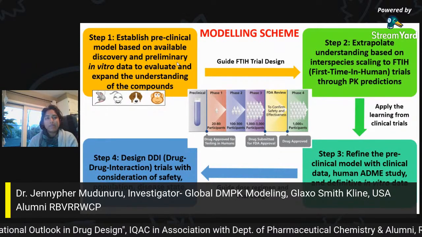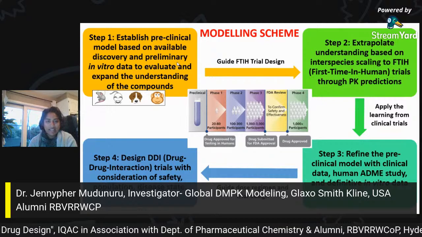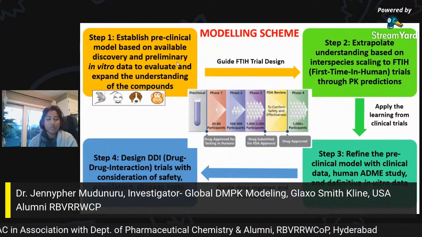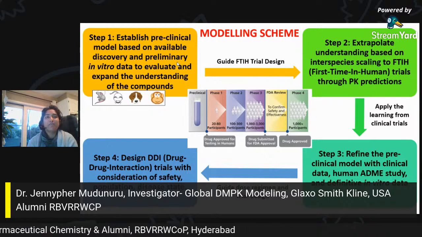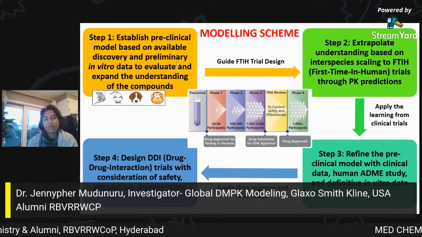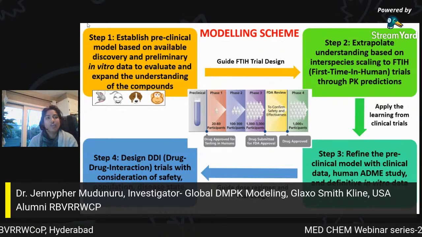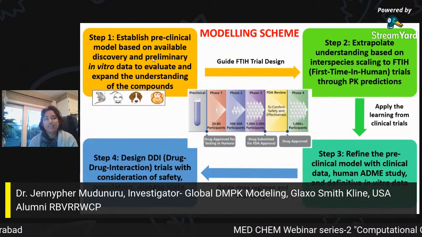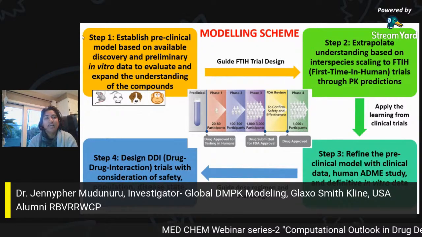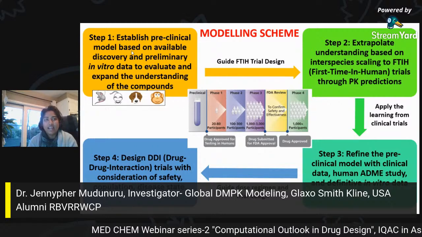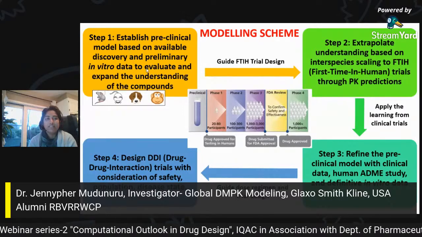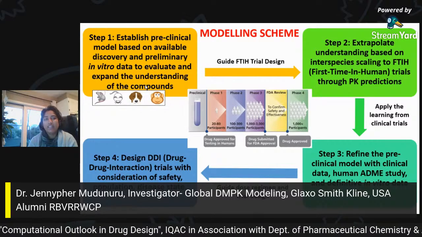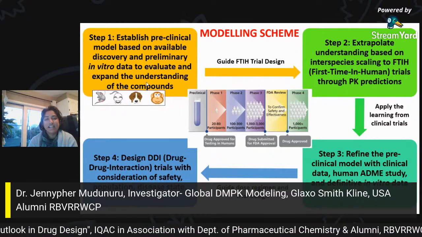The first step is, once you have the preclinical data, that's where we most probably get involved. You need some kind of input data that comes from the preclinical species. So we establish a preclinical model based on the available discovery and the preliminary in vitro data at that point in the development, and then we evaluate and expand the understanding of the compounds.